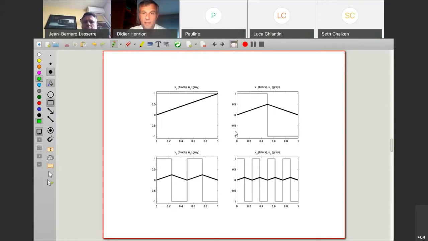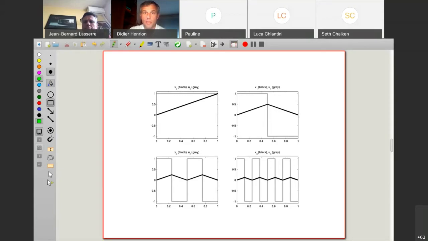I can do better if, in the middle of the time window, I change abruptly the control from +1 to -1. So -1 means that the slope of my state here will go down and come back to 0.